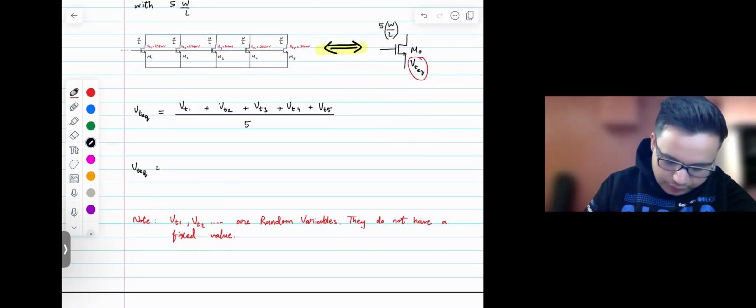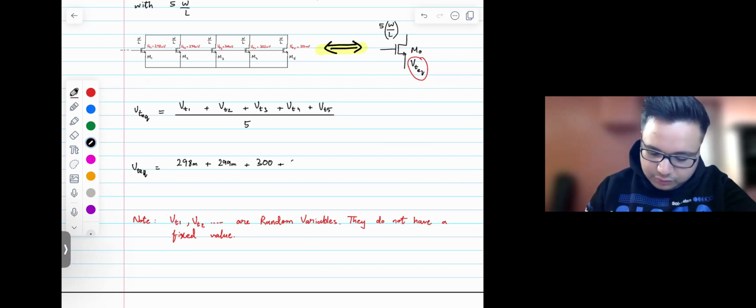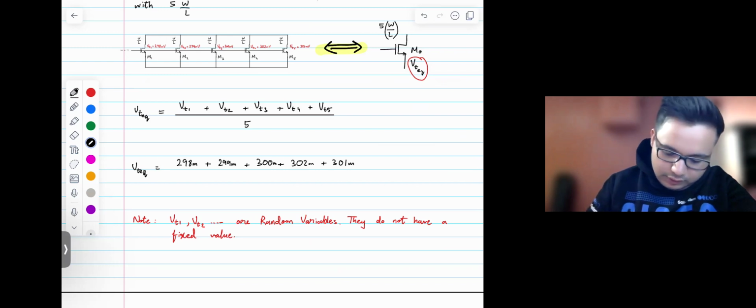Let's start putting some numbers in. VT1 was 298 millivolts plus 299 millivolts plus 300 plus 302 plus 301 millivolts, divided by 5.